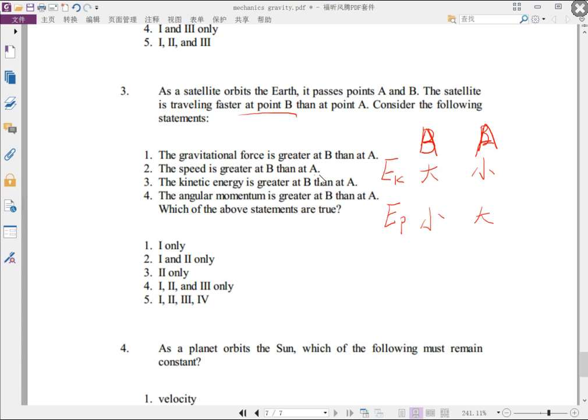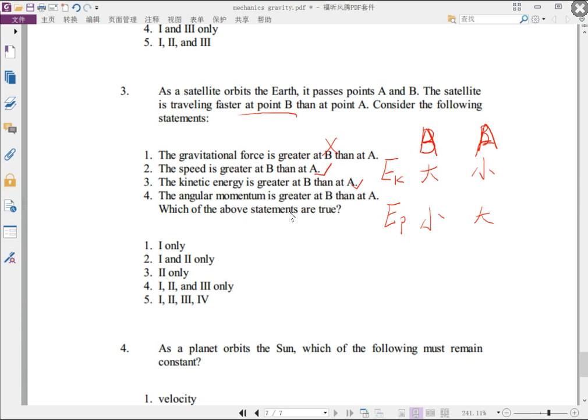The speed is greater because you have a larger kinetic energy. You must have a larger speed, and kinetic energy is greater at B than A, which is also correct. So the gravitational force is greater at B than A, which is false.